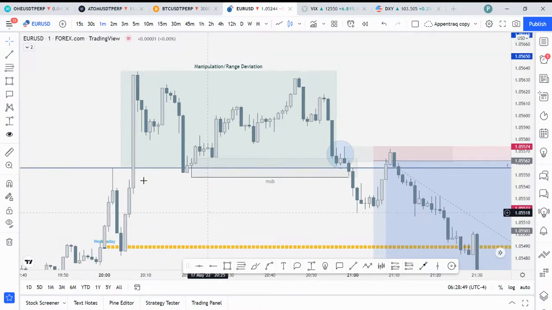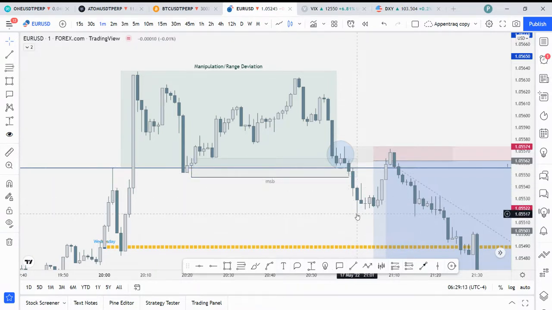But this low becomes valid for MSB, market structure break, because within the microstructure here, this high was taken. What you are dealing with here is a range deviation. So price deviated back into the range.